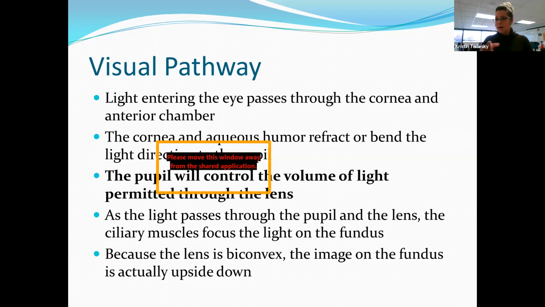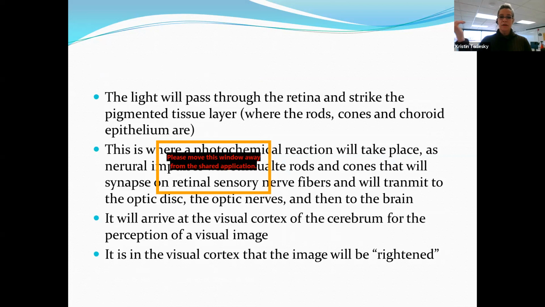The light will pass through the retina, so now it's all the way in the back of the eye, and strikes that tissue layer, and that's where all your rods and cones are. That photochemical reaction then will send neural impulses to stimulate those rods and cones, which will then say, hey, sensory nerve, the retinal nerve, I need to transmit this to the brain.